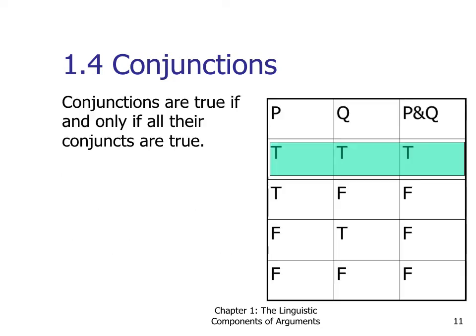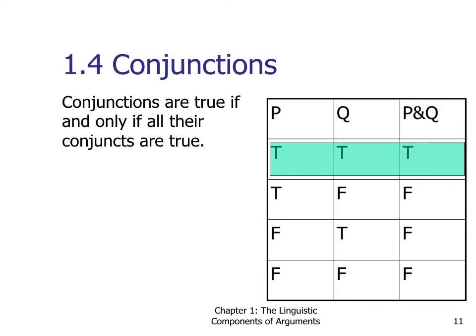And now we're going to look at the truth conditions for a conjunction. We've said this just a few slides back, but we want to reiterate. Conjunctions are true if and only if all of their conjuncts are true. So we have a statement here at the top right of our table, P and Q. Then we have the possible values for P and the possible values for Q. The only time P and Q is true is when all of its conjuncts are true.